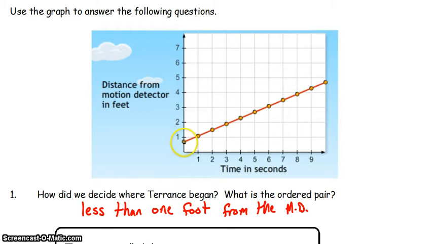And we don't know exactly what that ordered pair would be, but if it's less than 1 foot, I know that the x, because I haven't moved at all left to right yet, would be 0, and the y, in this case, might be something like 0.75.